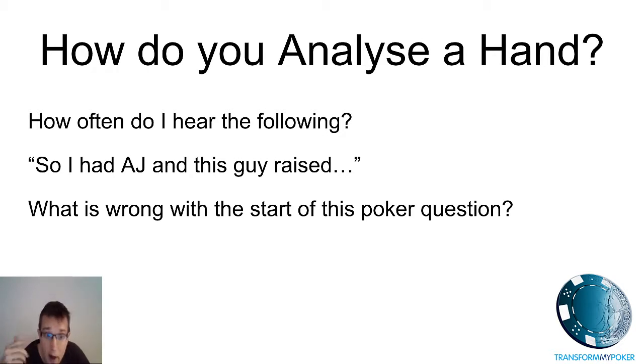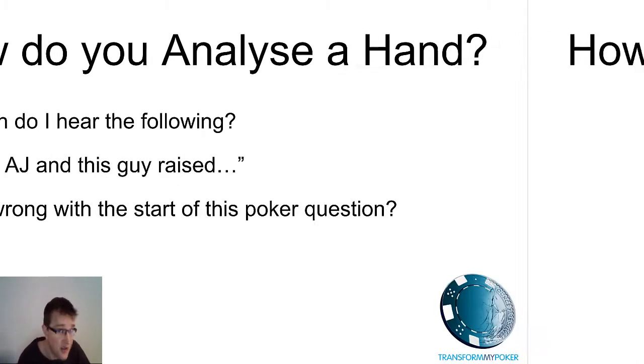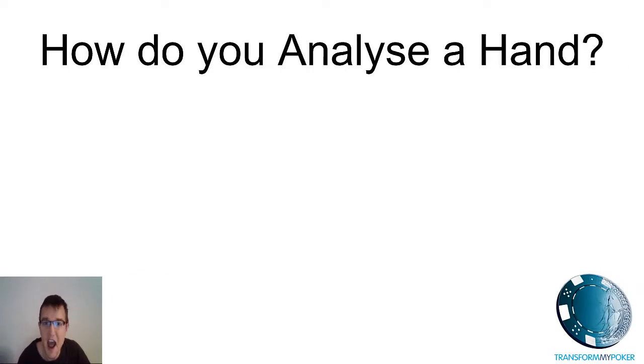Now, you're probably already thinking, yeah, I need to know what my stack size was or what position the raiser was in. And there are a list of things you need to know. It's very scientific. You can write them down and you can follow each element of the hand. And I used that phrase, elements of a hand, not arbitrarily.